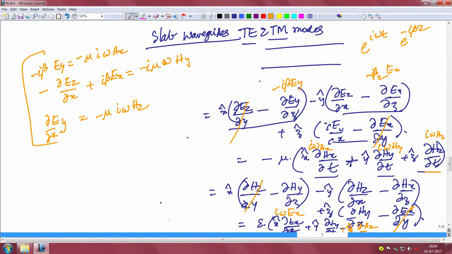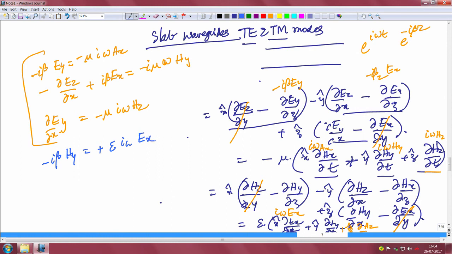Similarly, we can get from the second set also. We can write without looking at it: instead of mu we get epsilon, that is the main difference, and minus I beta into Hy. I will use a blue color, so that minus I beta into Hy equals, instead of mu, epsilon plus I omega Ex.